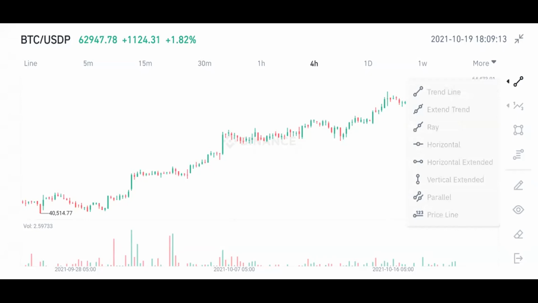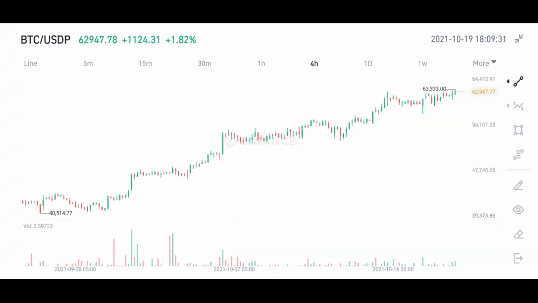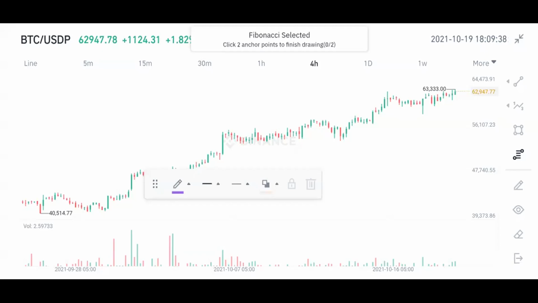Here you will see trend line, extended trend, ray, horizontal, extended, vertical, parallel, and all of them there. If you scroll, you will see all of them. Then this one is the Fibonacci. We are not treating Fibonacci today.